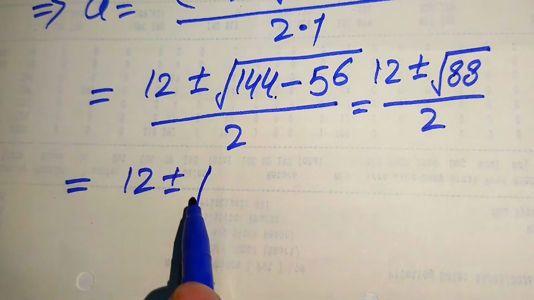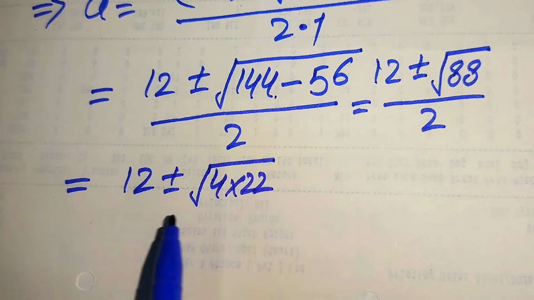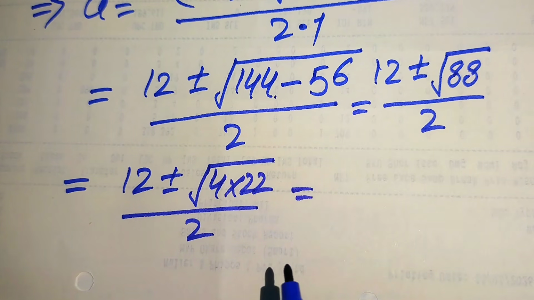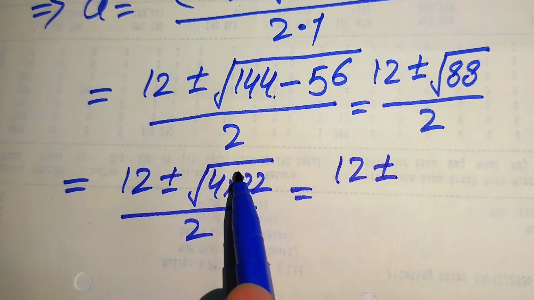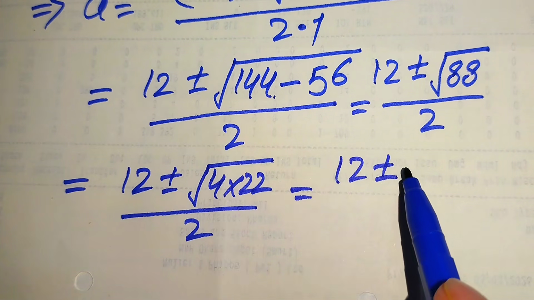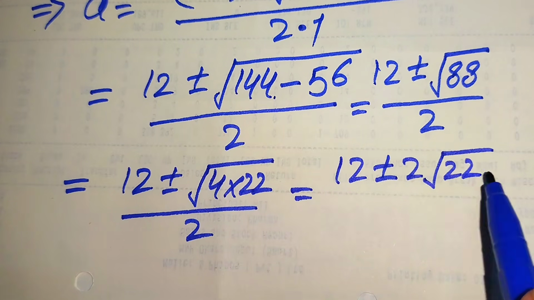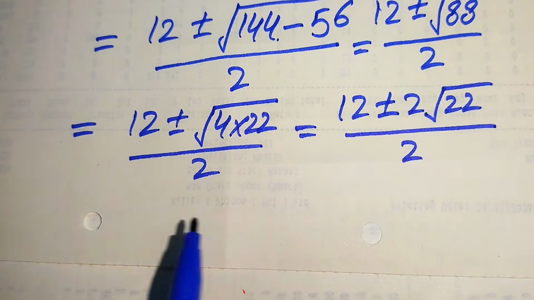This is 12 plus minus square root of, we write 88 as 4 times 22, divided by 2. Further, when we apply the square root on 4, we know that the square root of 4 becomes 2, so 2 times square root of 22, divided by 2.